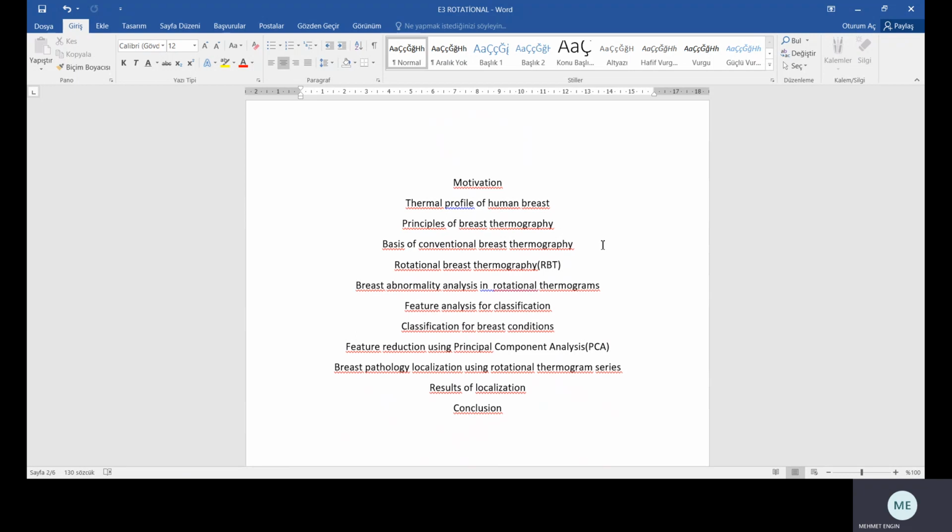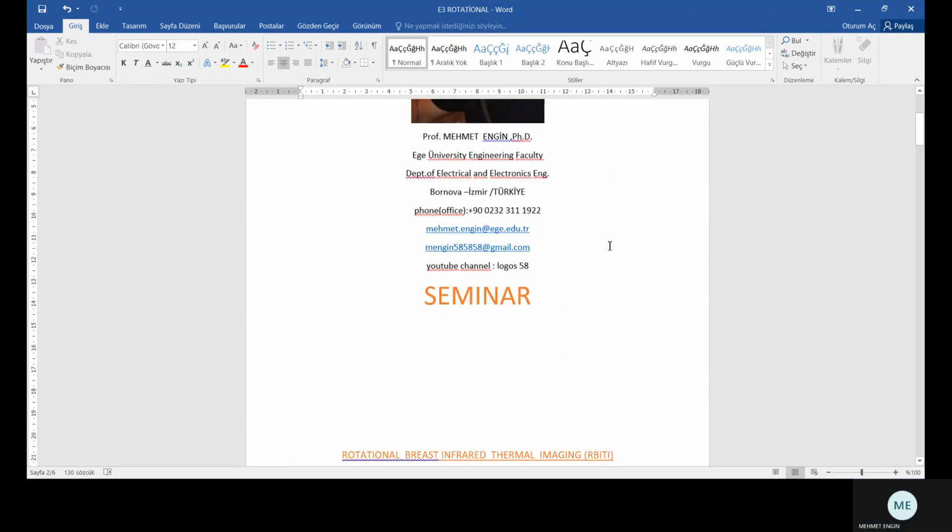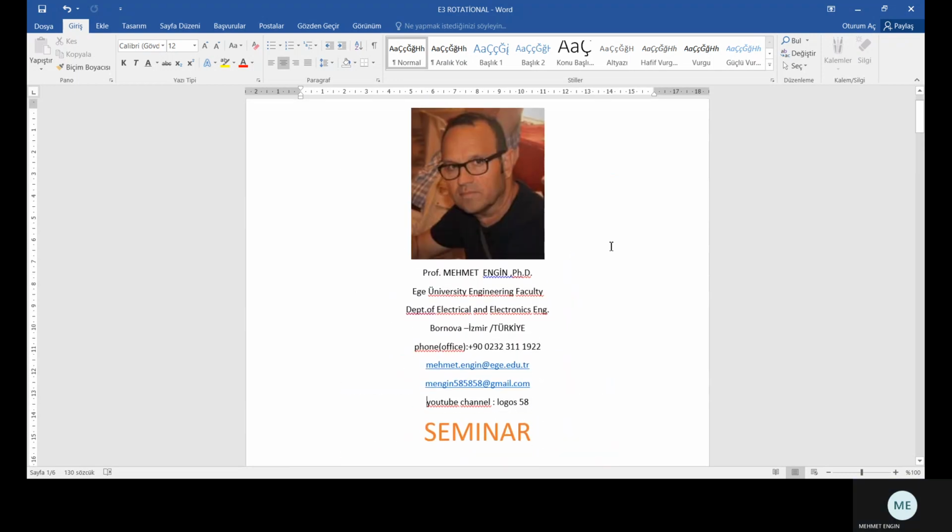Now, thermal profile of the human breast. The core temperature of the human body is reported to be around 37 degrees Celsius when the ambient temperature is maintained at 25 degrees Celsius.